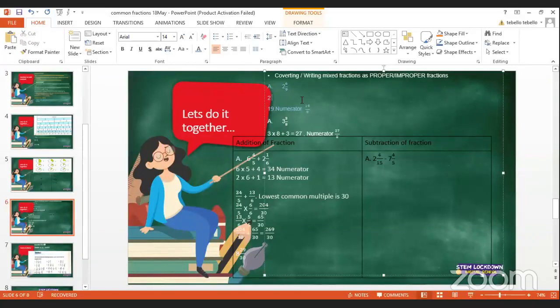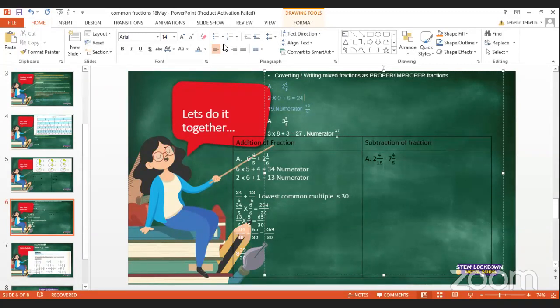We'll have our 2 multiplied by 9 plus 6, which is 24.